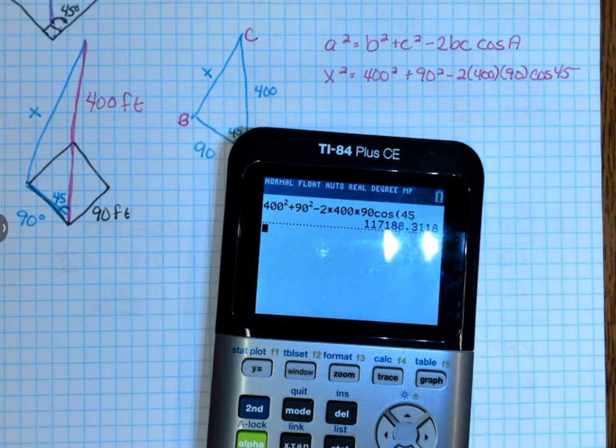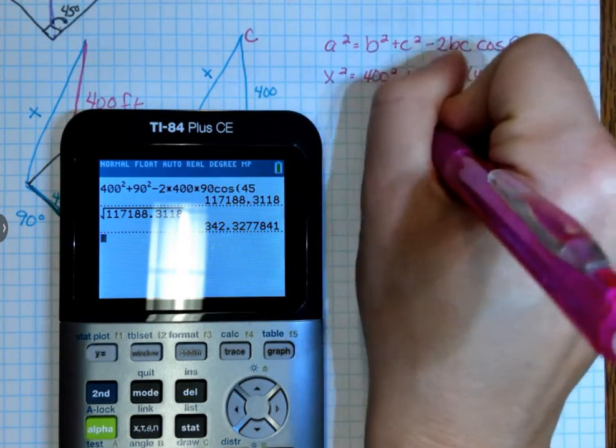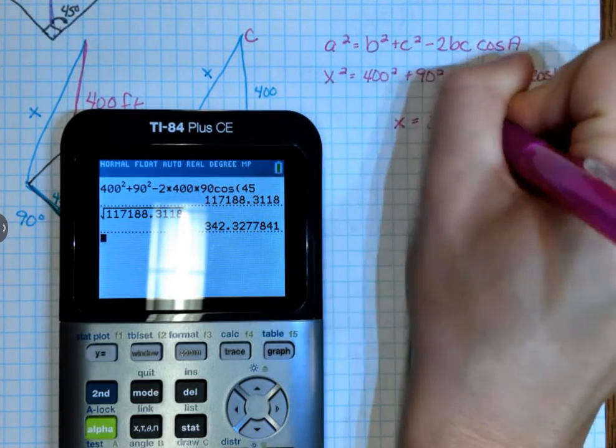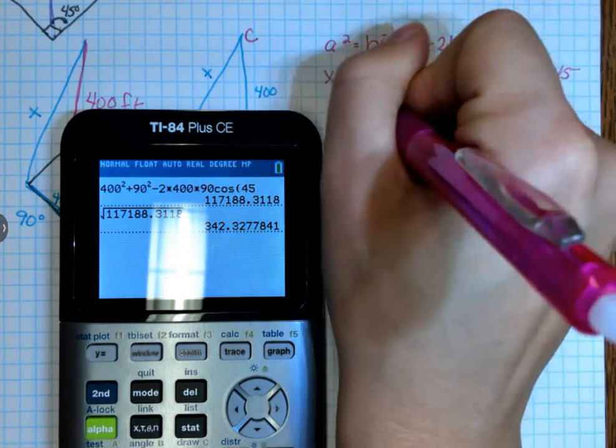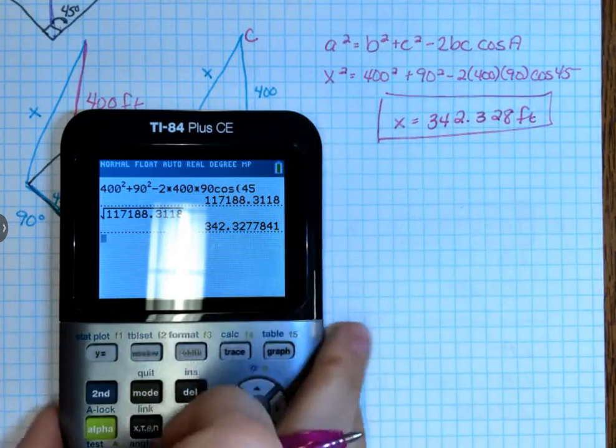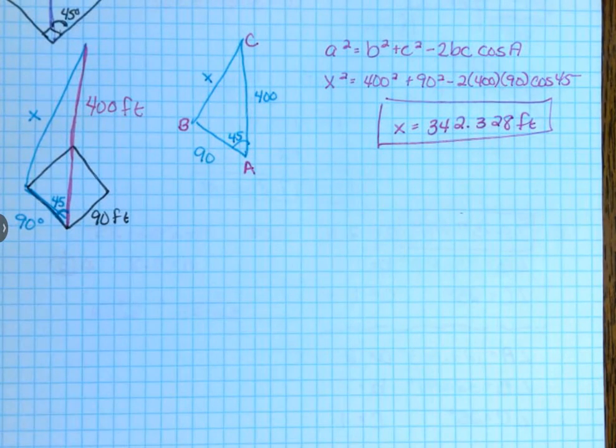And then square root that. So 342.328 feet. Because we're in America, baseball is an American sport, feet.